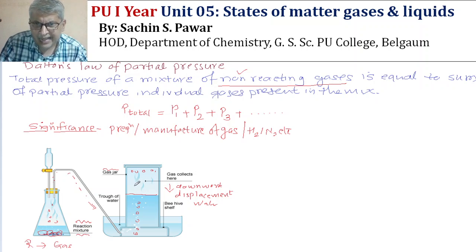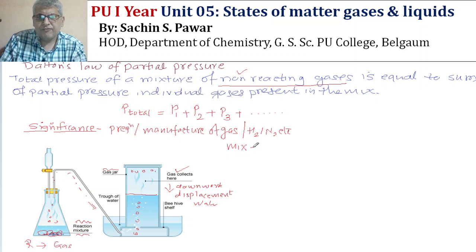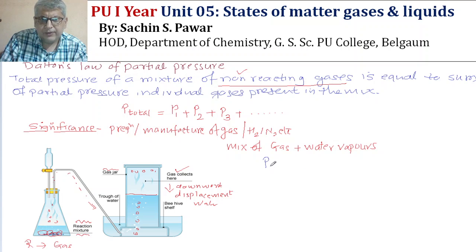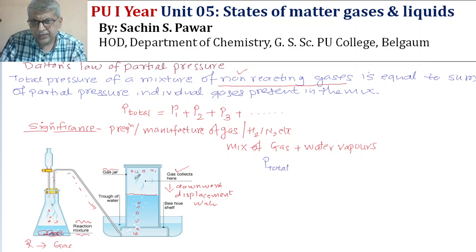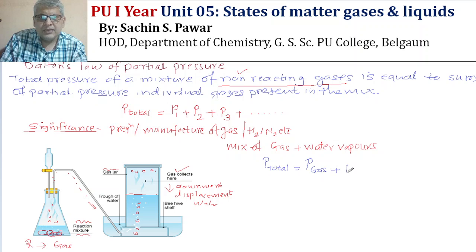So when you see the gas particles here, the gas collected here is not alone. It is a mixture of the gas and water vapors. And remember, the total pressure of this gas, if you measure here, will be equal to the pressure of that gas plus the pressure of the water vapors.